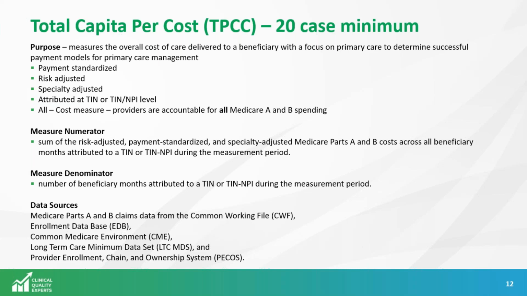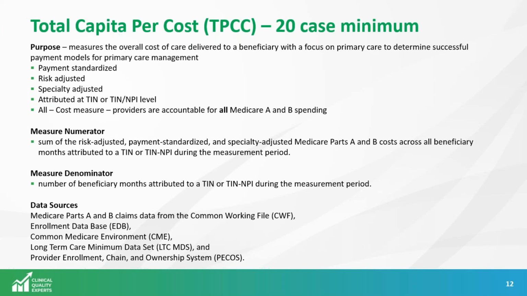So the data for this measure is drawn from the list of sources that you can see here. The claims data itself is, of course, brought into the count, and then you have other information for beneficiary enrollment in the enrollment database, and also the Common Medicare Environment, which also involves beneficiary enrollment and demographic data. You have your long-term care Minimum Data Set, which is a screening assessment tool that is used for residents of long-term care nursing facilities.